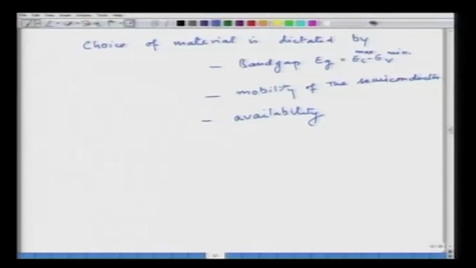And this is the reason for the popularity of silicon. Although silicon is an indirect band gap material, it is still more popular for many applications because of the availability of silicon, it is cheaper to obtain and use as well.